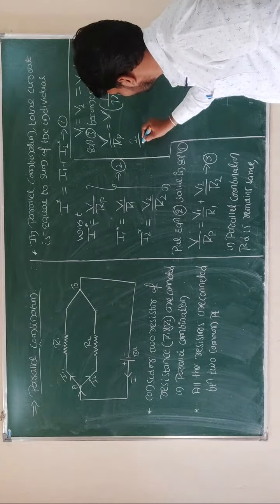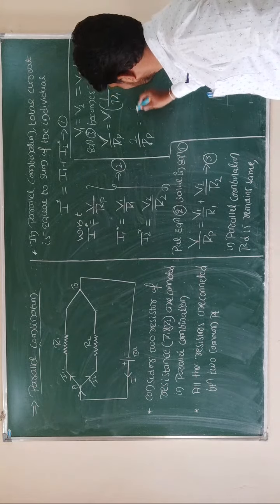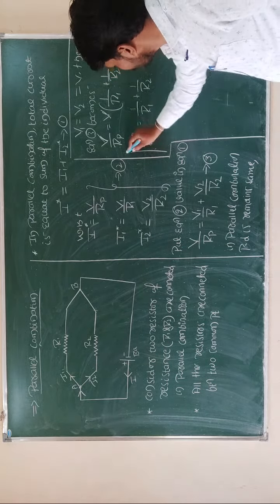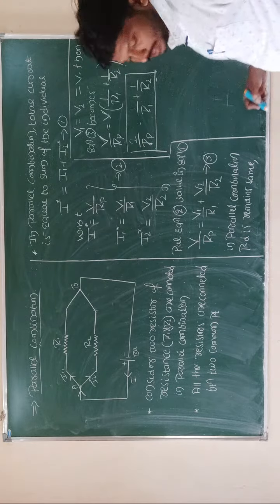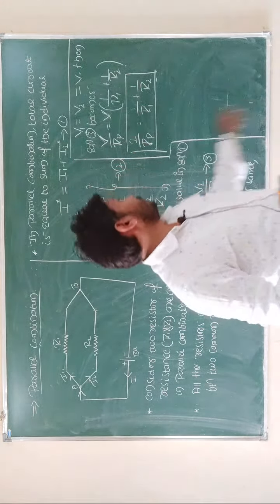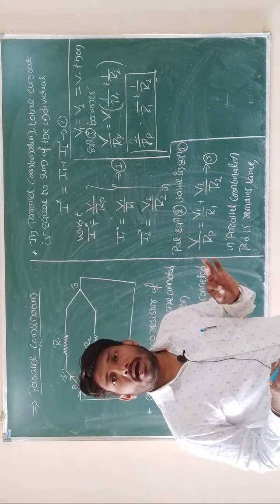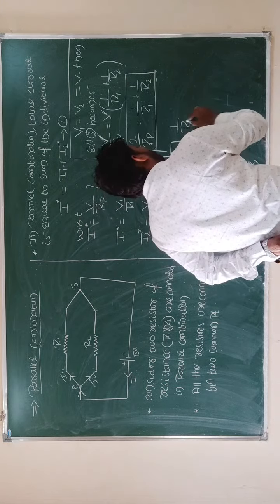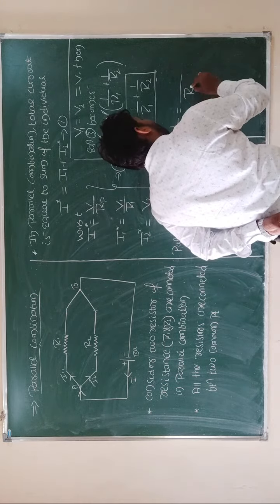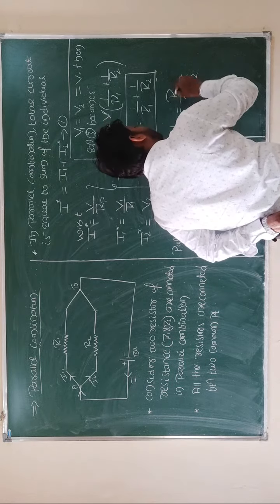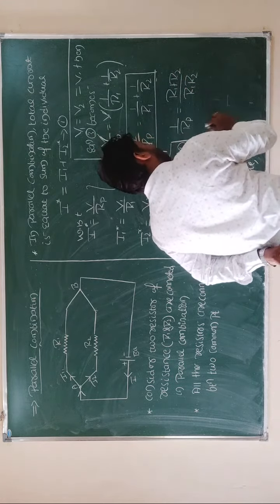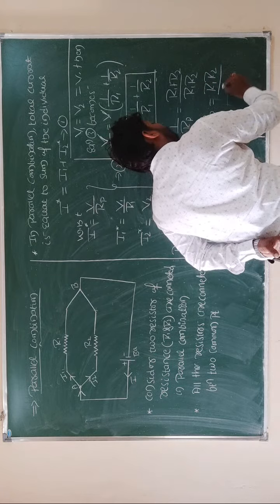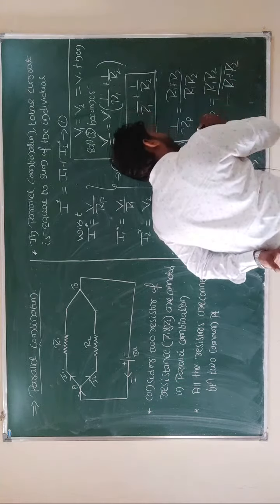So 1 by Rp is equal to 1 by R1 plus 1 by R2, or otherwise Rp is equal to R1 into R2 divided by R1 plus R2.